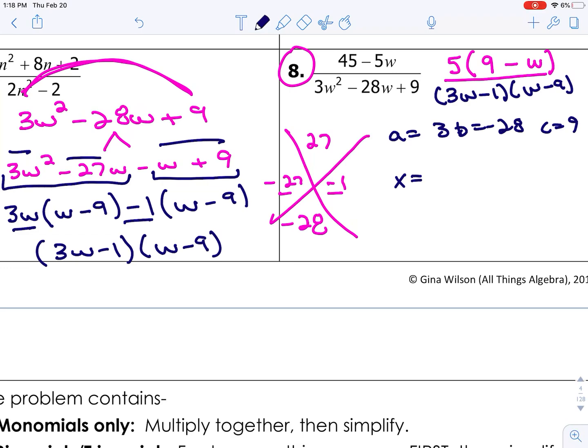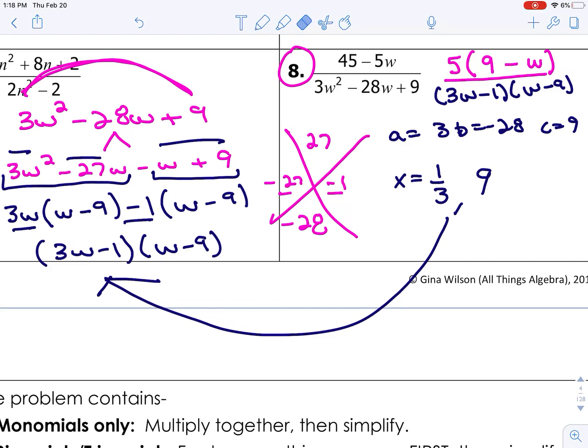And when you do that, I'm confident in your math and the quadratic formula, you would get x is equal to 1/3 and 9. And from that, you could write this. You'd have to picture a binomial where 1/3 is the answer, which is 3w minus 1, and where 9 is the answer, which is w minus 9. Either technique will work.